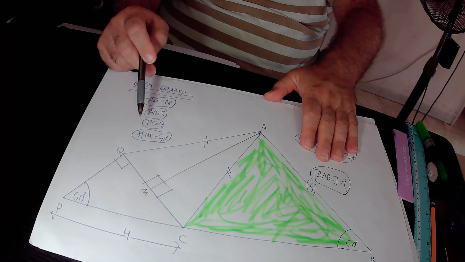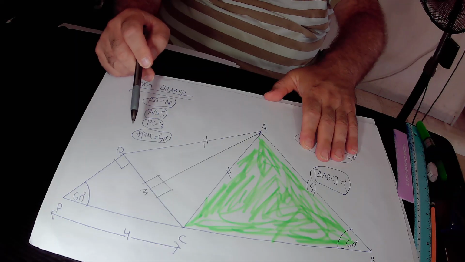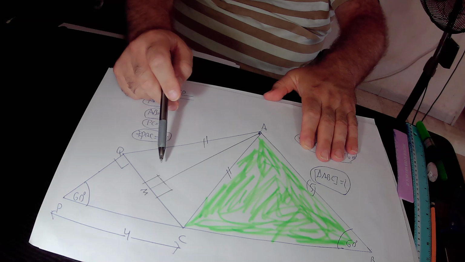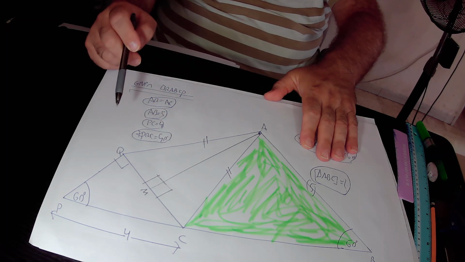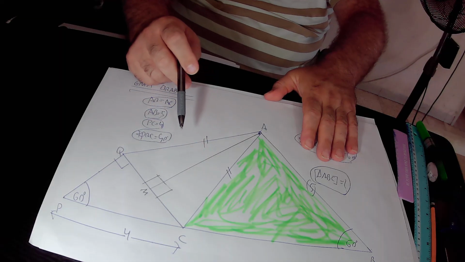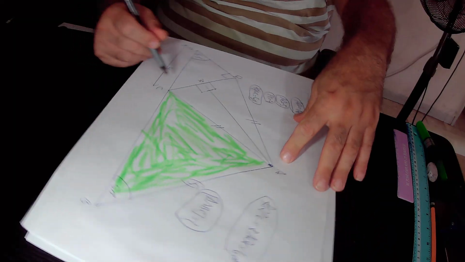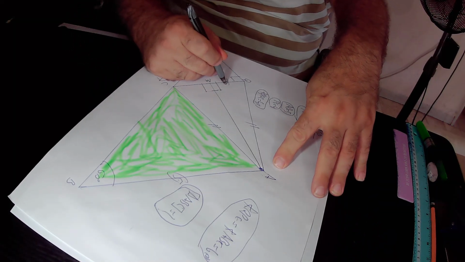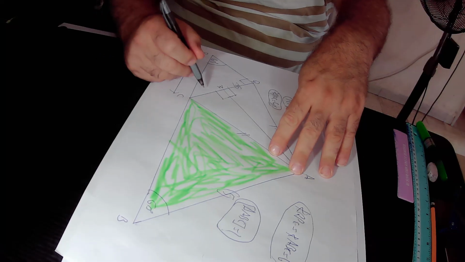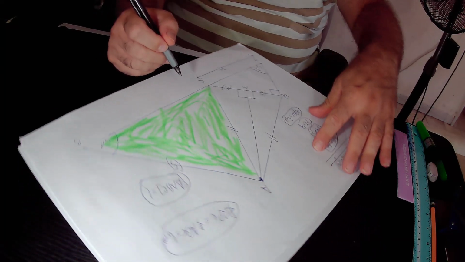That is to say, it divides the base QC into two halves. The first half is QM and the second half is MC. And of course QM equals MC. So if we define the length of QM as a, then the length of MC must also equal a because they are equal to each other, according to rule 22.